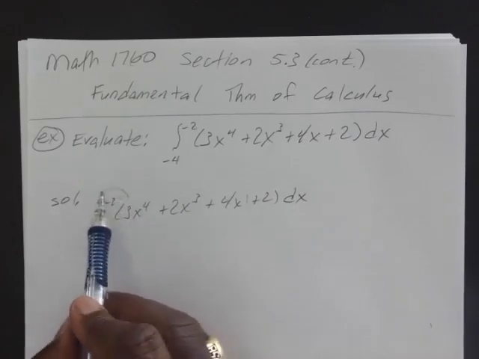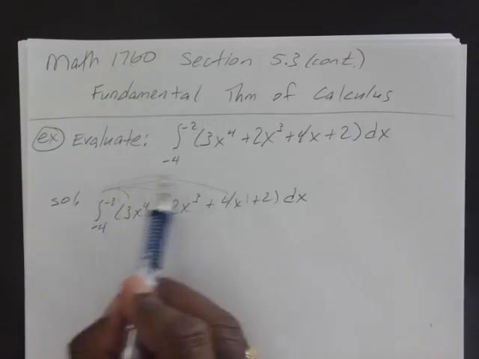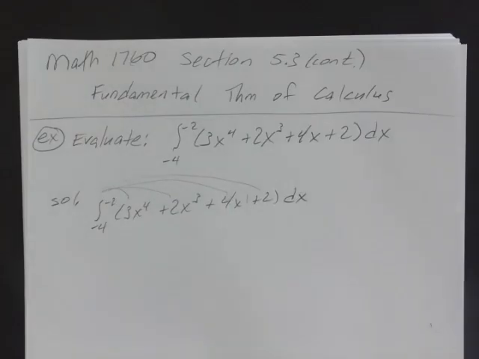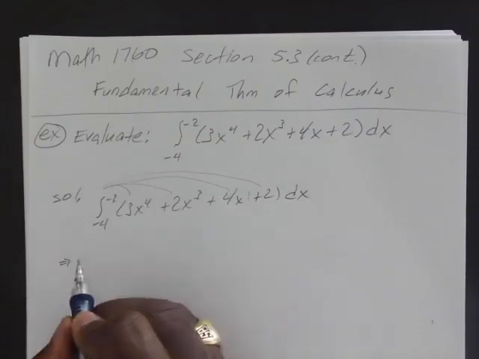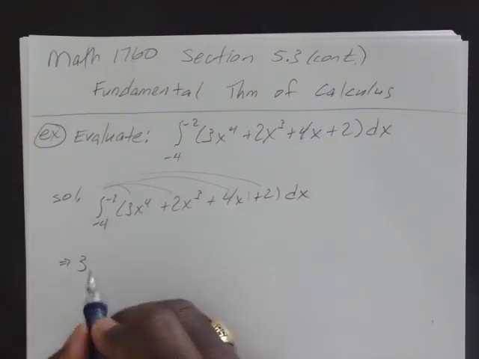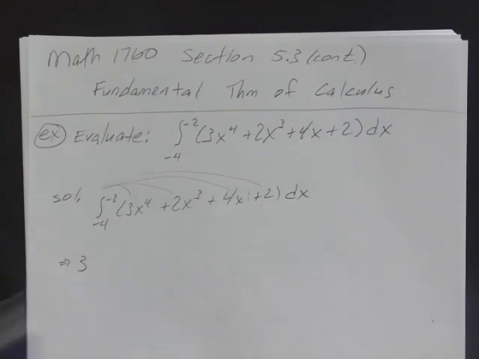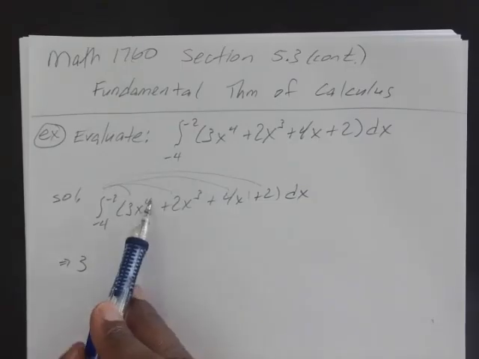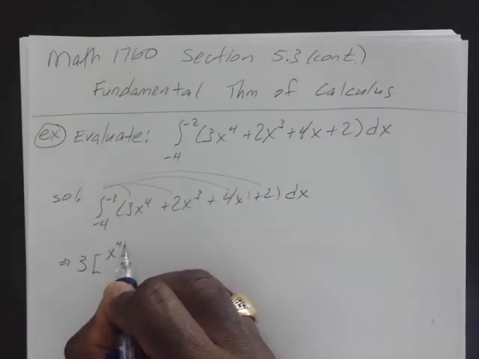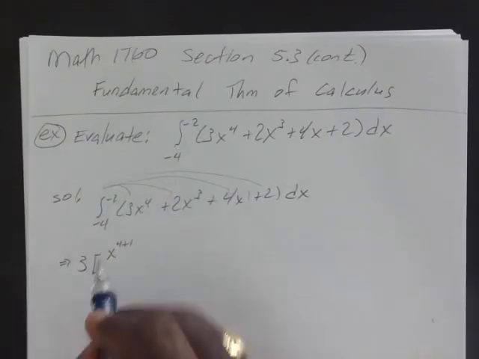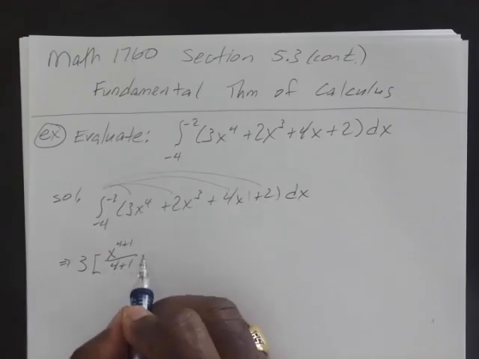Okay, so now we're just going to integrate each term. We go ahead and factor out that 3. And the integral of x to the fourth power is x to the 4 plus 1 power, divided by 4 plus 1.